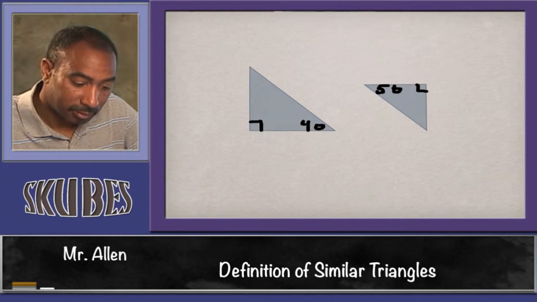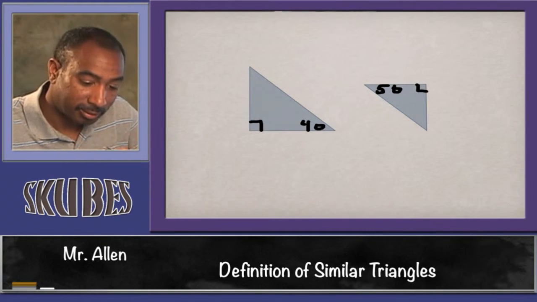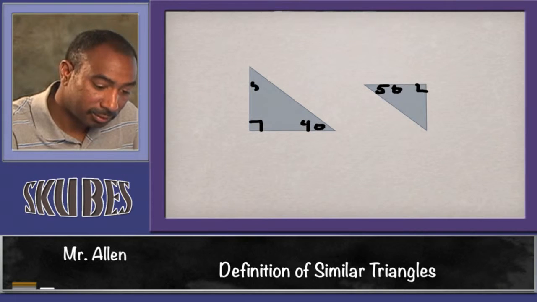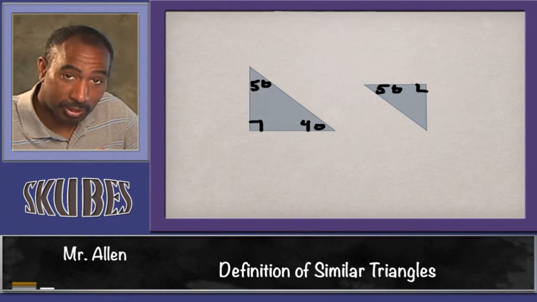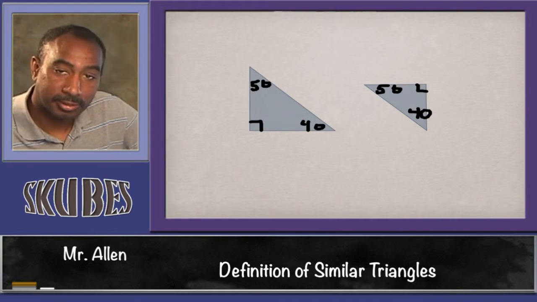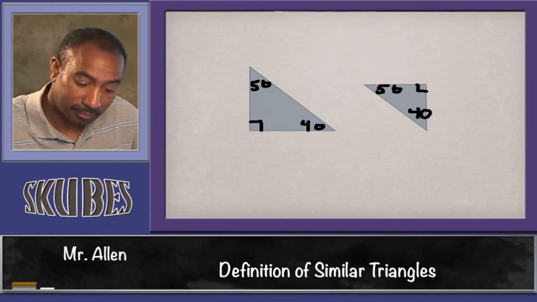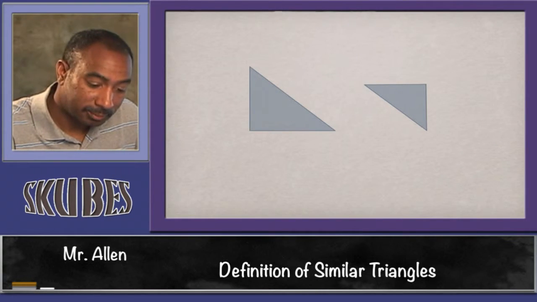So 90 plus 40, if I subtract that sum from 180, that forces this to be 50. And similarly here, right? 90 plus 50, if I subtract that sum from 180, that forces this to be 40. So in that case, I would say yes, these are similar. But you may have some cases where it's not.